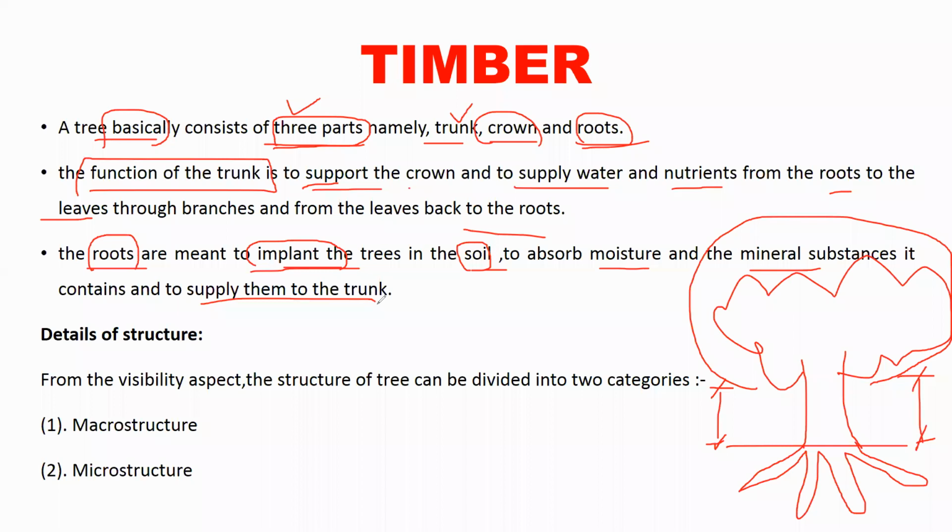There the whole phenomenon happens and it goes back to the roots again. There is a detailed structure of this. From the visibility aspect, the structure of a tree can be divided into two categories: macrostructure and microstructure.